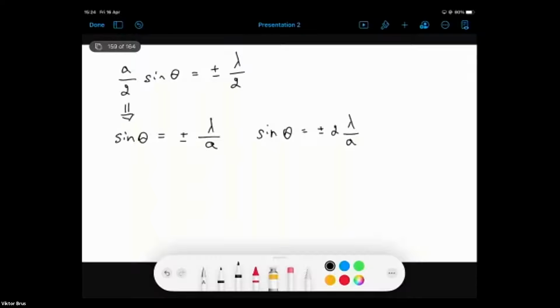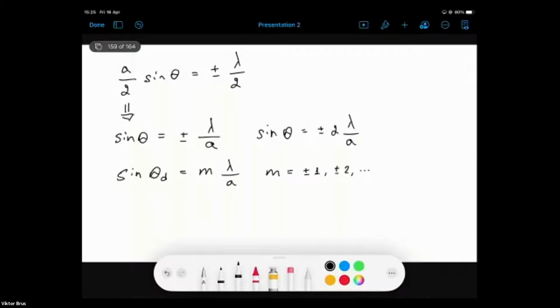So in general, the angular position of these dark fringes will be sine theta dark equals m times lambda divided by A, where m will be plus or minus 1, plus or minus 2, and so on.